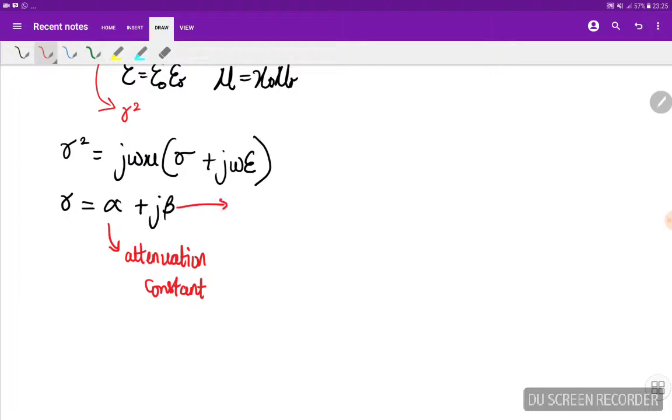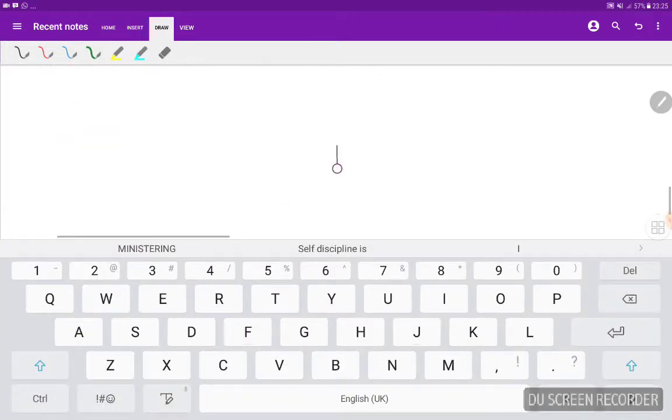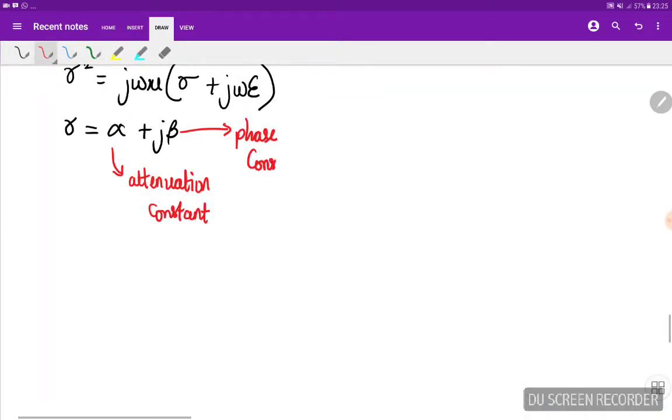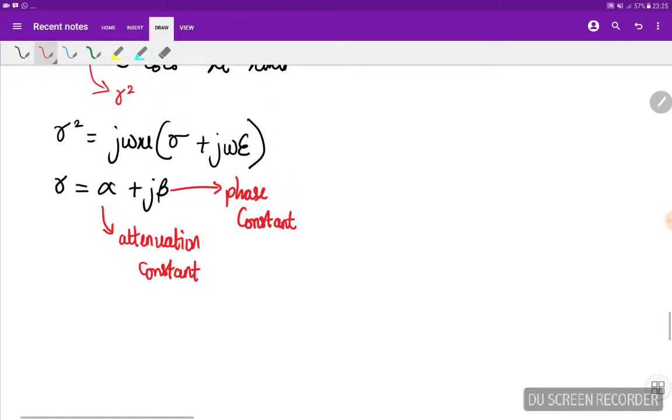Beta is the phase constant: as the wave goes, it changes its phase by a particular constant, so the entire wave is not exactly in phase.